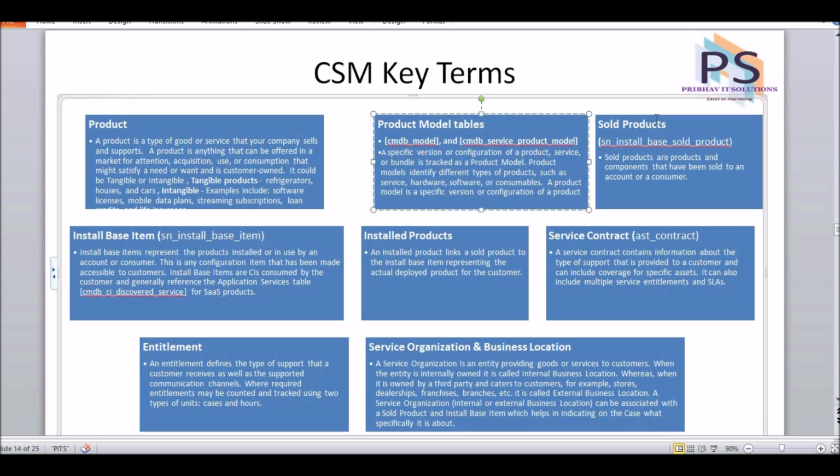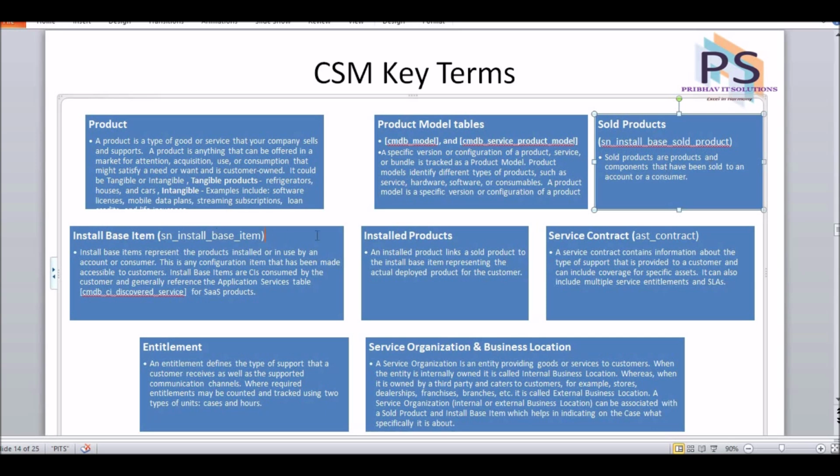Whenever that product is sold to any customer, it is also marked under sold product. In ServiceNow, we have the related list where which product is sold against which customer is listed. Under the account related list, we have the list of sold products as well. Okay. So if a company is buying a refrigerator, it will be mentioned in the sold product. This sold product is further connected to the product model table, which says I bought a Whirlpool 2025 model.